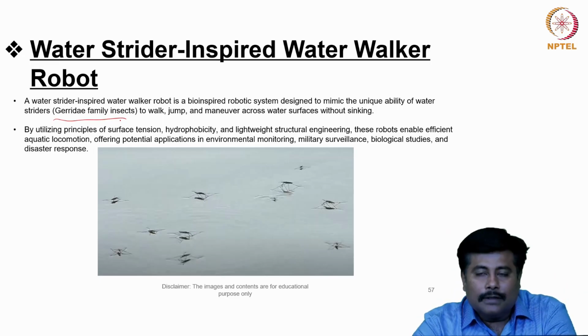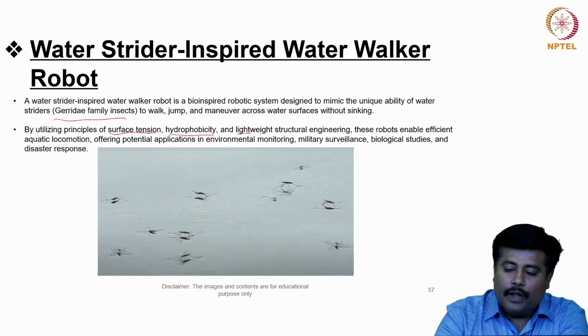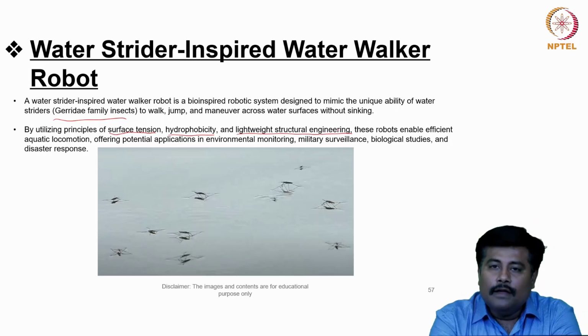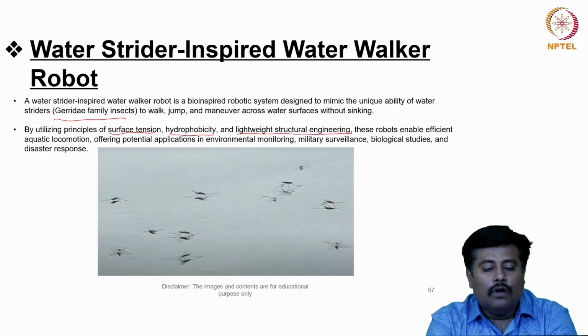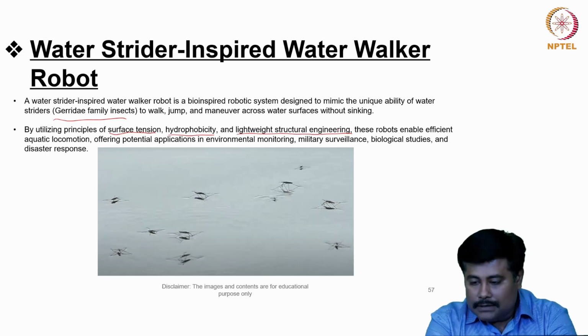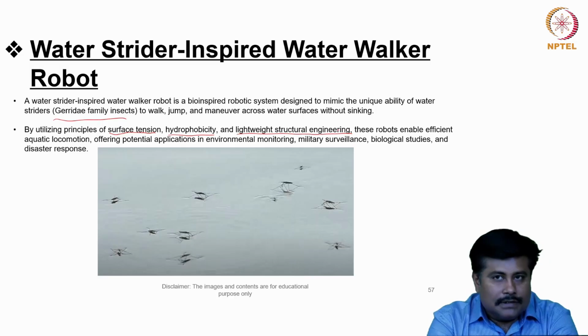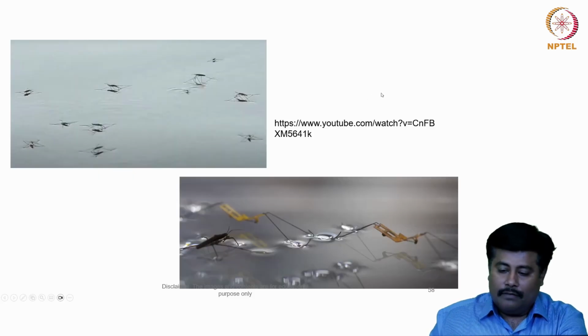By utilizing the principle of surface tension or hydrophobicity and lightweight structural engineering, these robots enable efficient aquatic locomotion, offering potential applications in environmental monitoring, military surveillance, biological studies and disaster response. These are the applications where such water striders can be effectively employed.